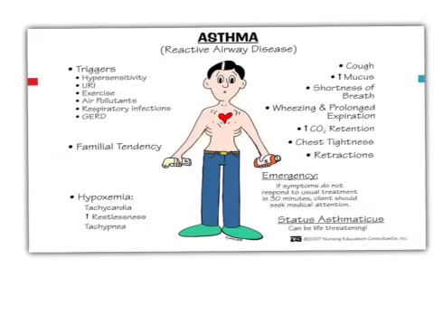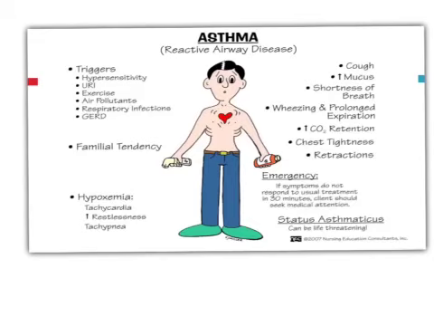This particular slide actually depicts all the stuff that we talked about so far. It shows you the triggers, it shows you the clinical manifestation, and also the two emergencies that we're going to be talking about here as well. So some of the triggers: hypersensitivity to anything, like an allergic reaction to something.